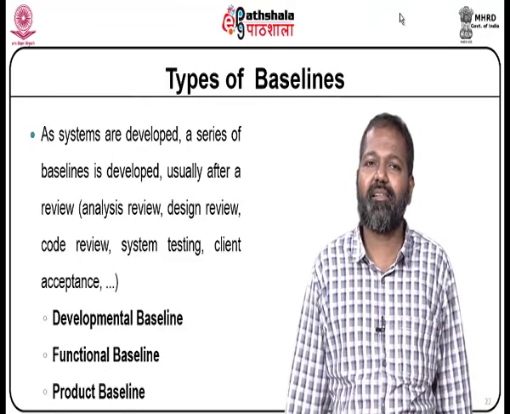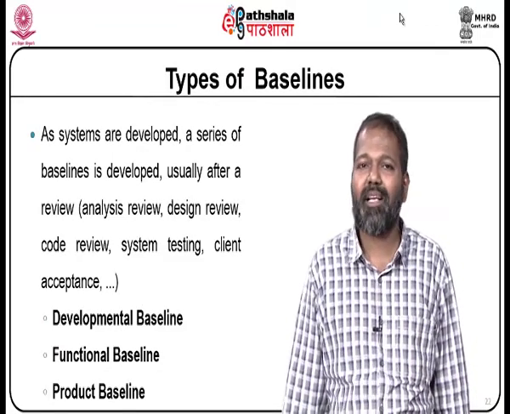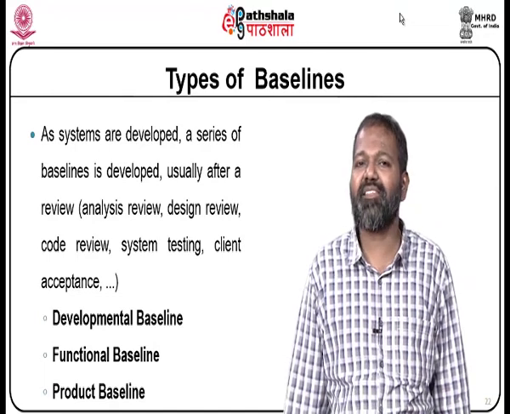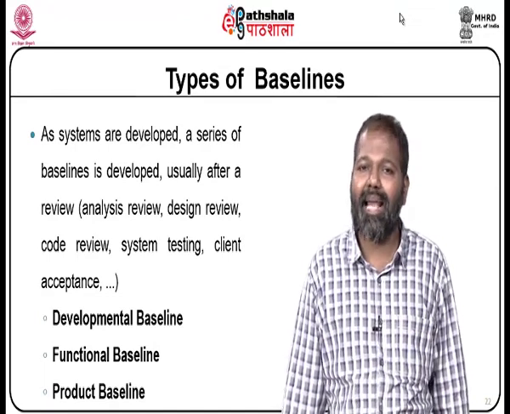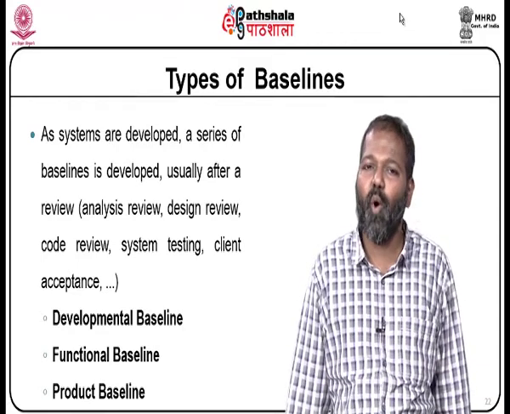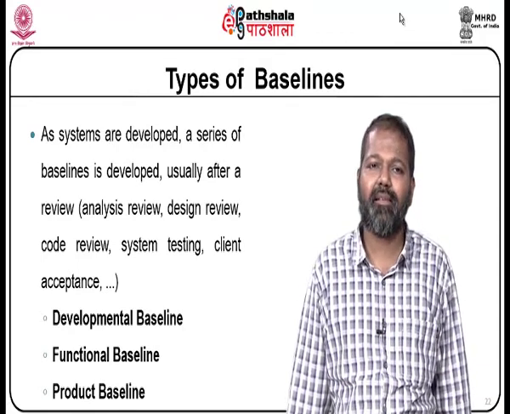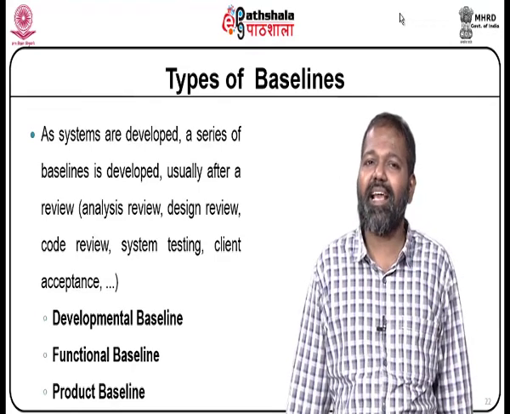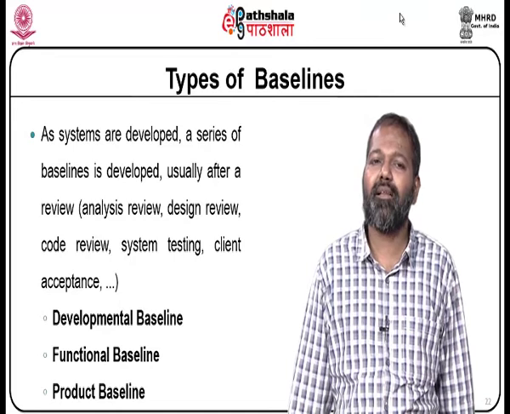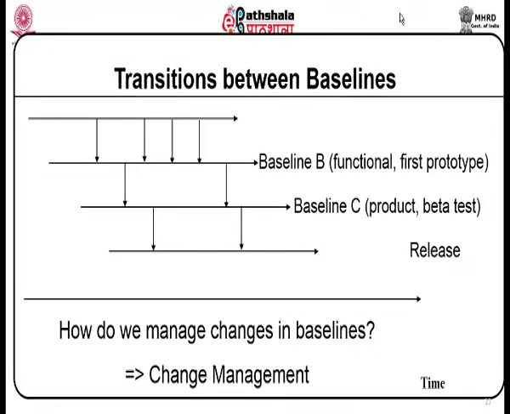Types of baselines: as systems are developed, a series of baselines is developed, usually after a review: analysis review, design review, code review, system testing, client acceptance. Developmental baselines, functional baseline, product baseline. Transition between baselines: baseline B, functional first prototype; baseline C, product beta test.